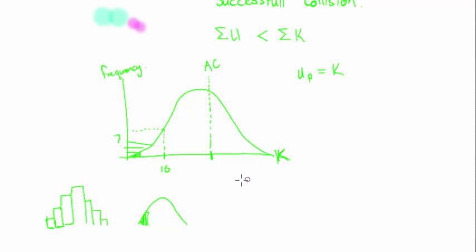Okay, so all of the molecules that have enough energy are represented by this part of the graph. Okay, so this represents the percentage of molecules that have enough energy to have successful collisions.